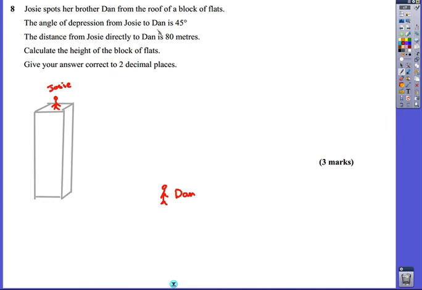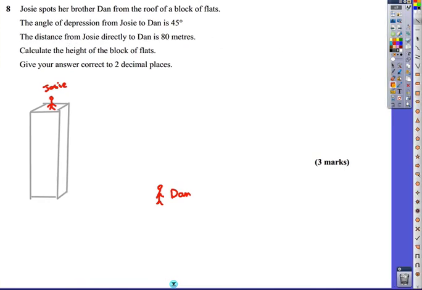The angle of depression from Josie to Dan is 45 degrees. So here's Josie. We're going to assume that this is where she's standing, and this is where Dan is, where he's standing. A really bad choice of colour. Let's use a different colour. It's green. And the angle of depression is 45 degrees.